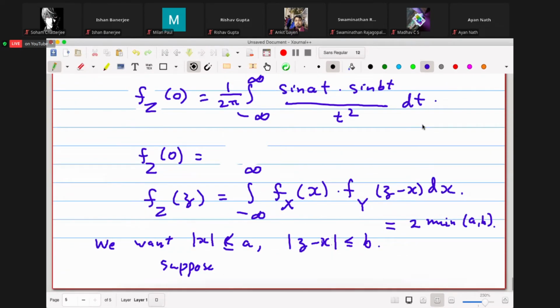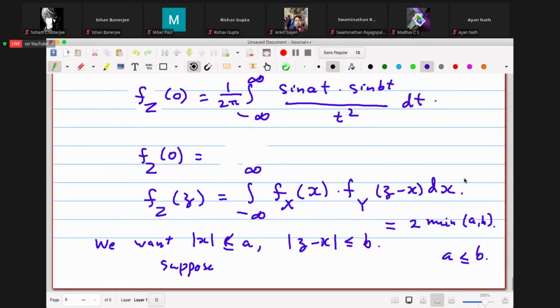So you can do a simple check that if x exceeds this minimum value, isn't that clear? For definiteness' sake, suppose that a is less than or equal to b, then the minimum is a. If x exceeds that value, I'm going to get this term to be 0.